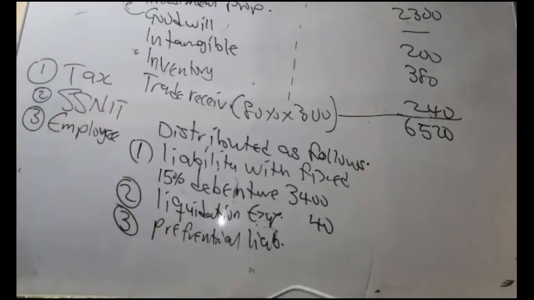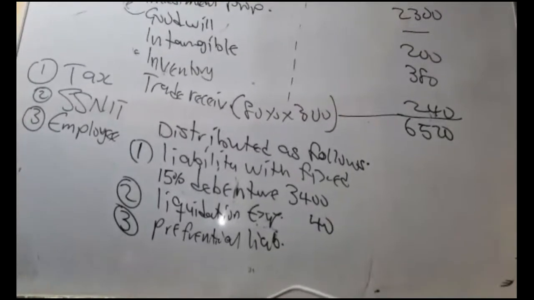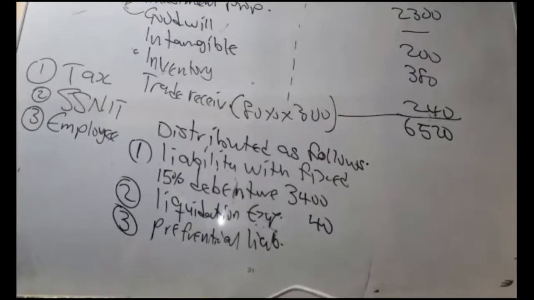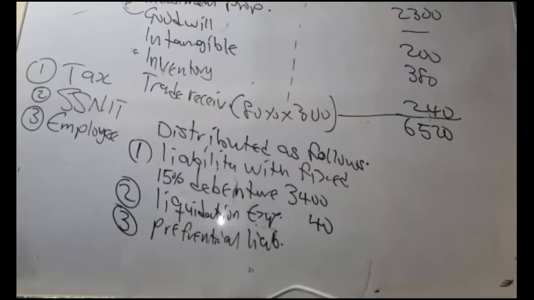Maybe you are liquidating, shutting down your business, but you have not paid your employees for the past 6 months or 3 months. So that's the liability with preferential treatment, or preferential liability. But in this question, do you have something like that? How do you know? You check the financial statement first to pick it up, and then you are done. Good.